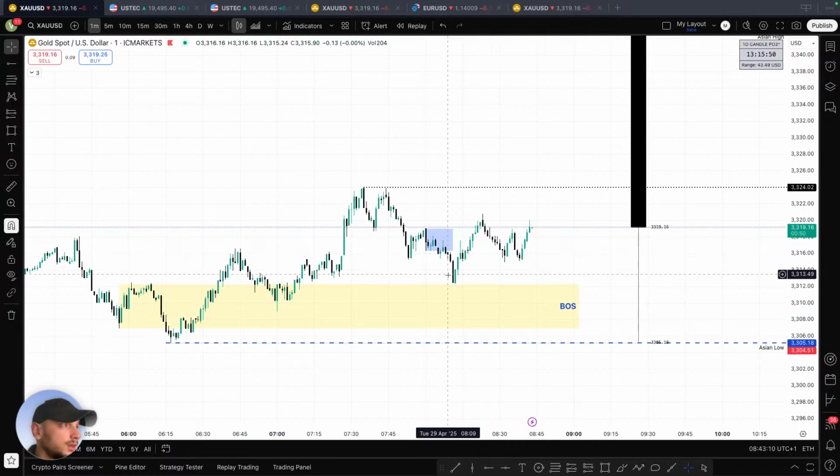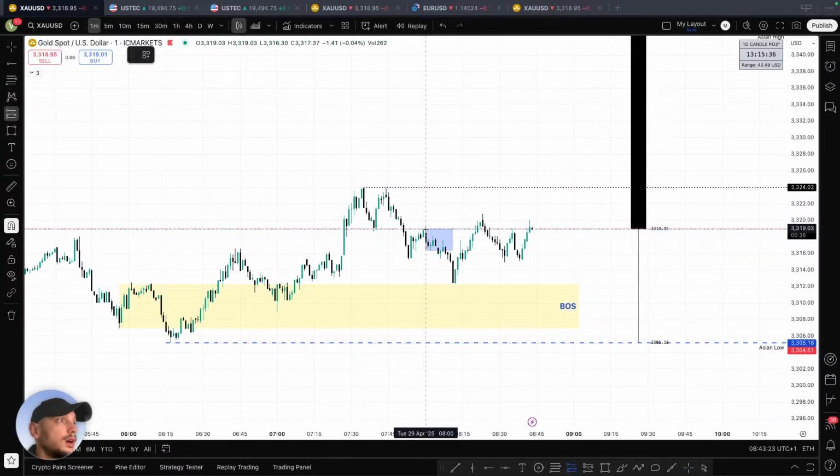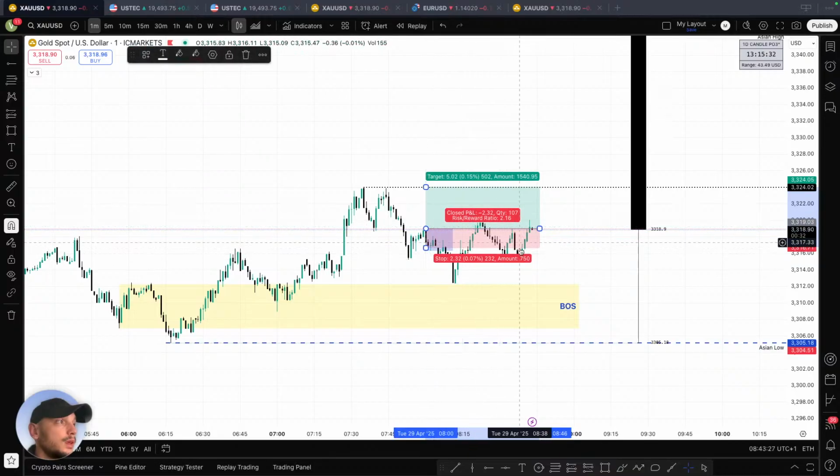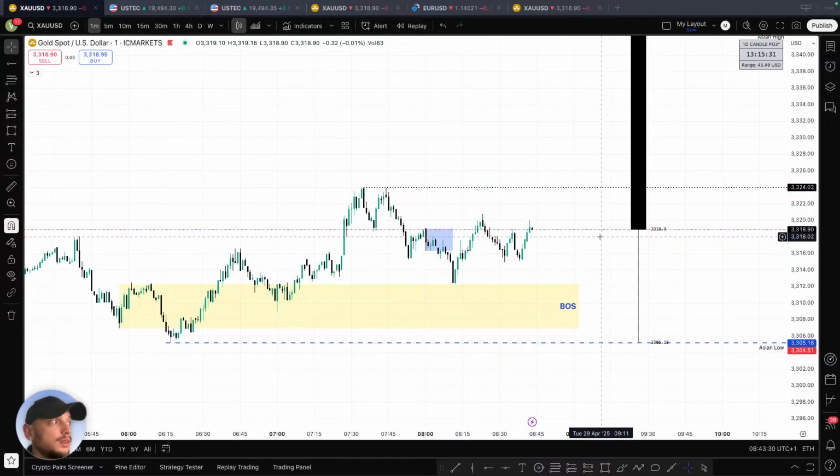So my idea was that we can go inside the breaker, or we can go to the Asian low. Or my other idea was, if we break above, we're gonna have trend continuation on the smaller time frame, and we can aim for this liquidity, which again will be a good R. So the simple answer is, if your risk management makes sense, then 1 minute makes sense.